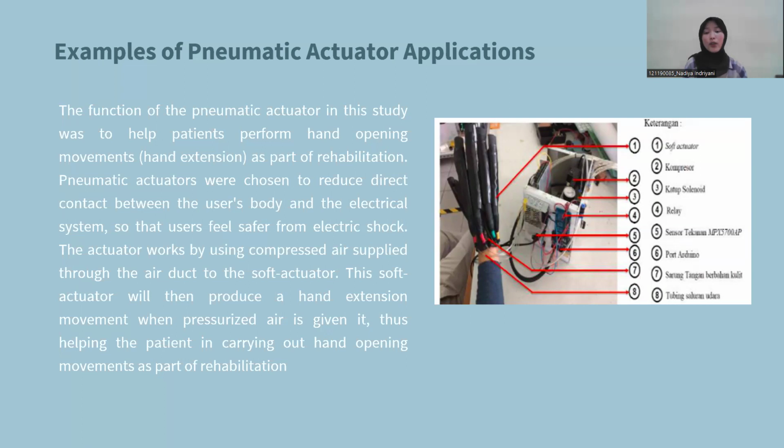The actuator works by using a compressed air supply through the air duct to the soft actuator. The soft actuator will produce a hand extension movement when pressurized air is given, thus helping the patient in carrying out the hand opening movement as part of rehabilitation.